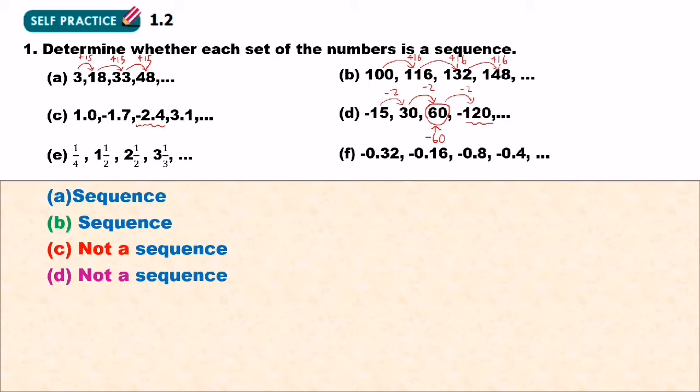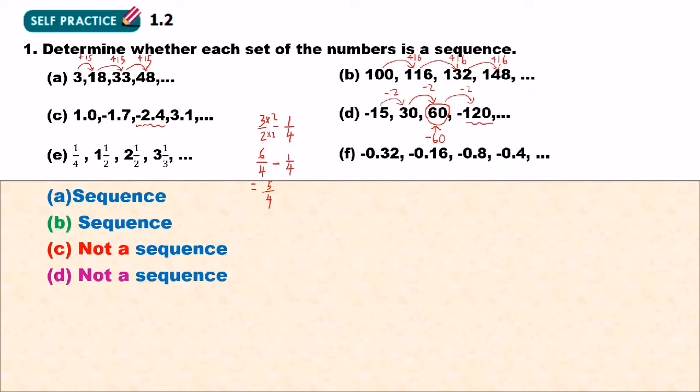Okay, so we try to find the difference between 1 1 over 2 and 1 over 4. 1 1 over 2 we can change to 3 over 2, so minus 1 over 4. 3 over 2 minus 1 over 4, we can change to 6 over 4, because times 2 times 2. So minus 1 over 4 is 5 over 4.